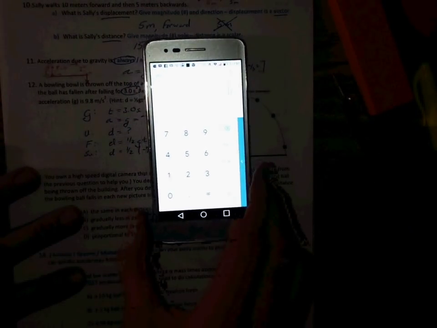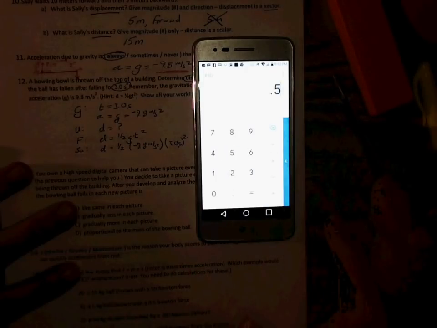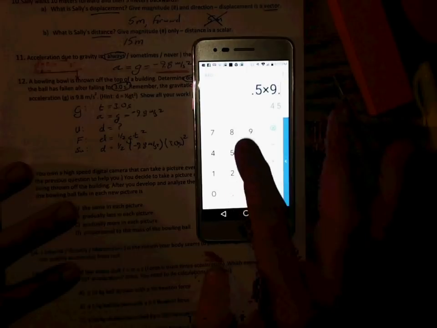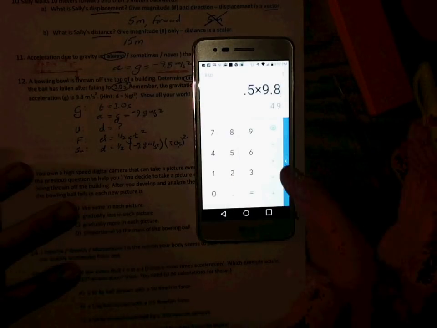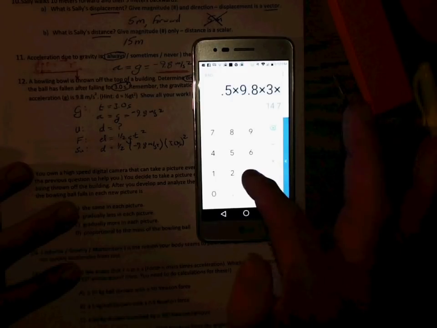All right. Let me do this for you again. 1/2, I'll do 0.5. I'm going to times by 9.8. I'm going to ignore that negative. I'm going to times by time, and times by time again.